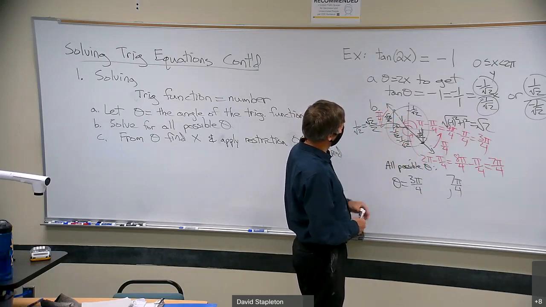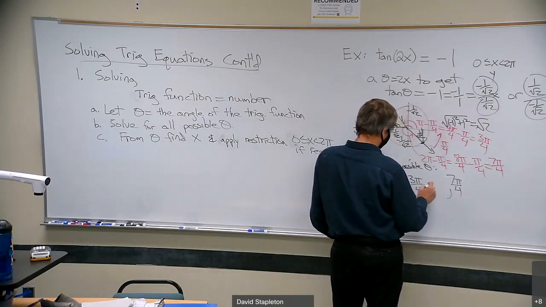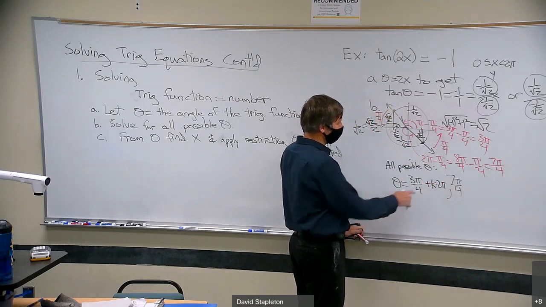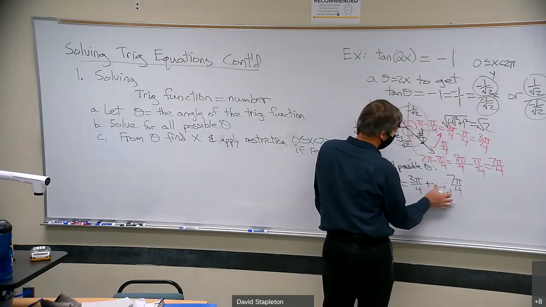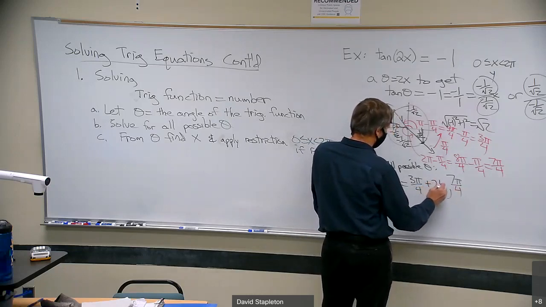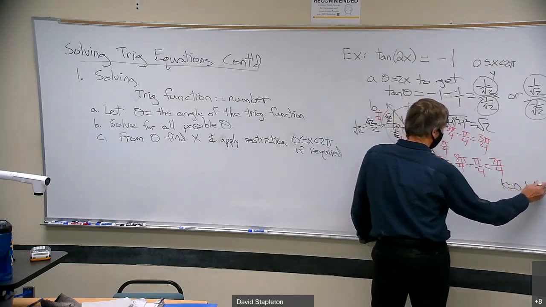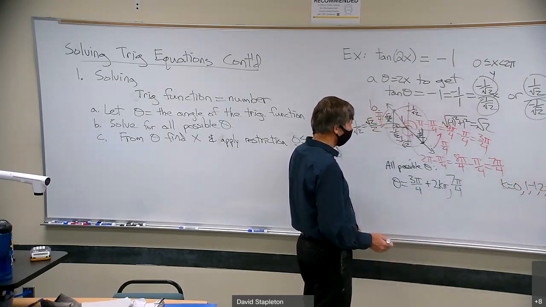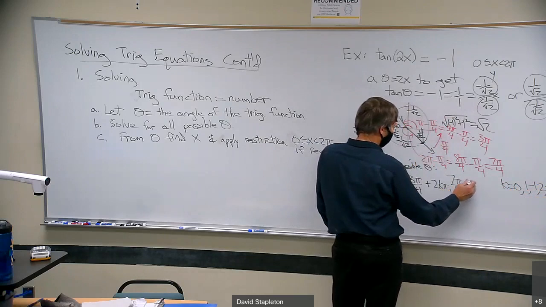So that means you can add a whole number of rotations. 3 pi over 4 plus k rotations, k times 2 pi, right? Except we said we don't usually write k times 2 pi, we write 2k pi. It's just convention. And that means k rotations, where k is any integer, right? 0, 1, -1, 2, -2, any of those numbers. So there's an infinite number of angles that have those terminal rays. Those are all the angles coterminal with these two. The other one is 7 pi over 4 plus 2k pi.